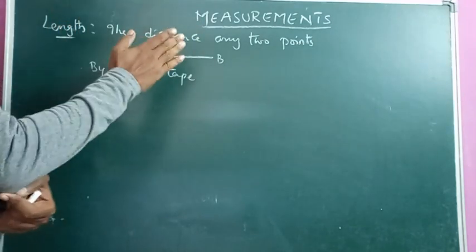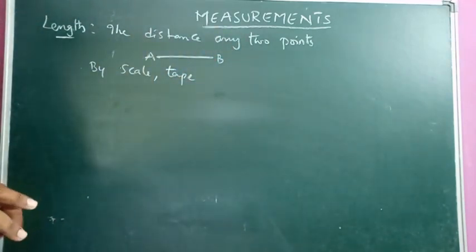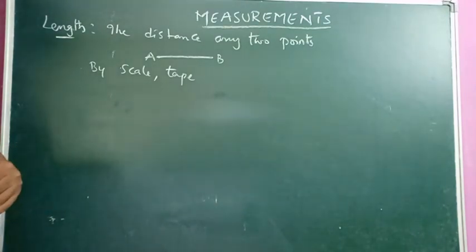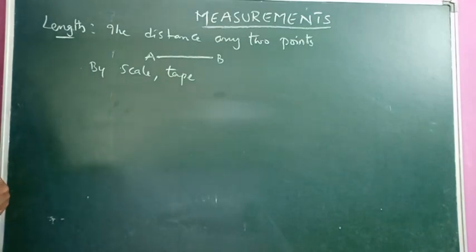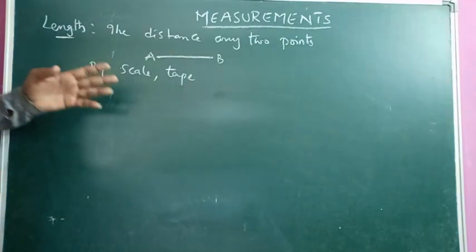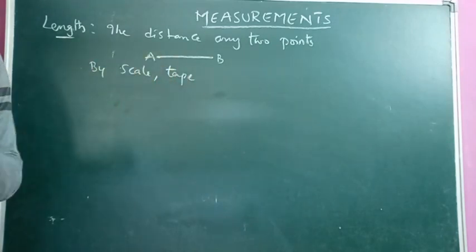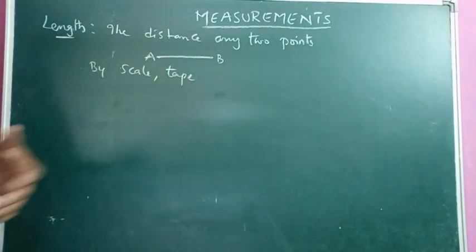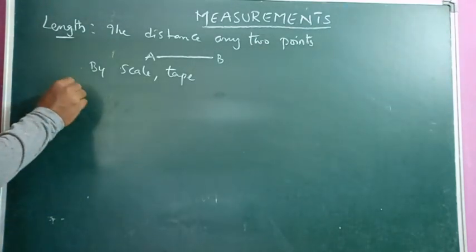The length of our arm is nothing but a cubit. But after inventing the scale and measuring tape, we can measure the length by using the scale.